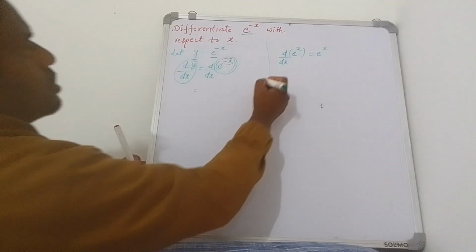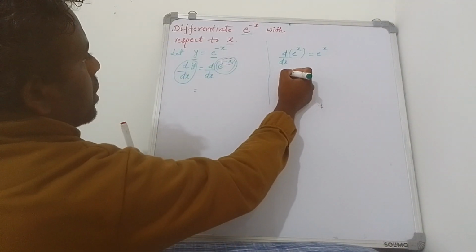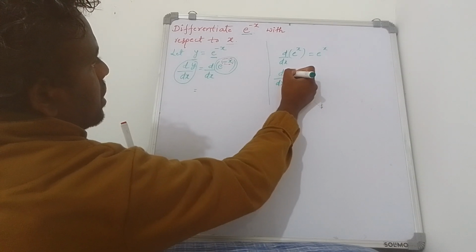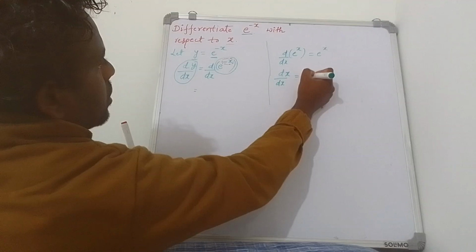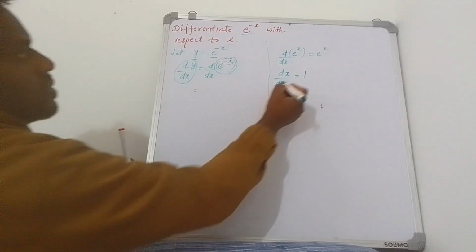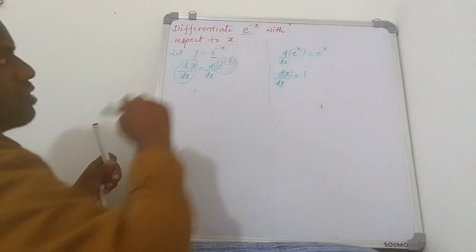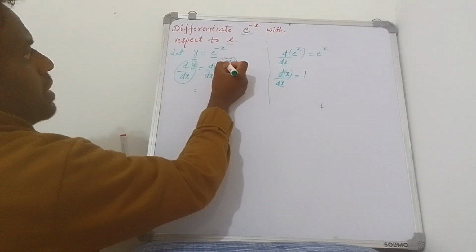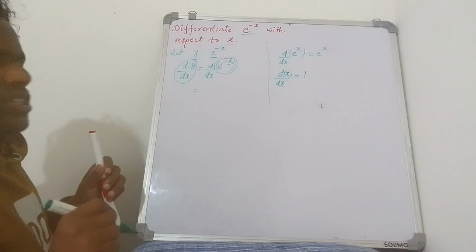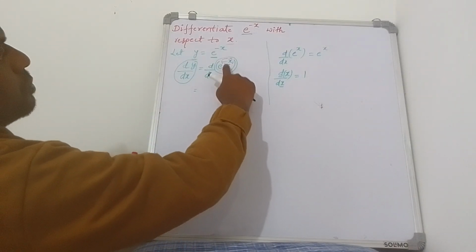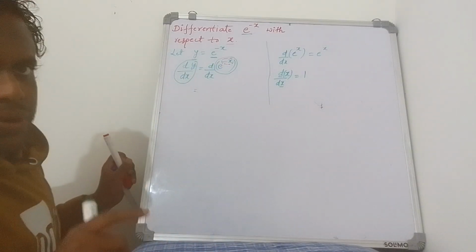Why it is another function? Okay, we have standard formula d by dx of x is equal to 1. D by dx of x is equal to 1. This we have standard formula. Minus sign is there, no? That is no problem here. When we consider along with e to the power of minus x, minus is also important.